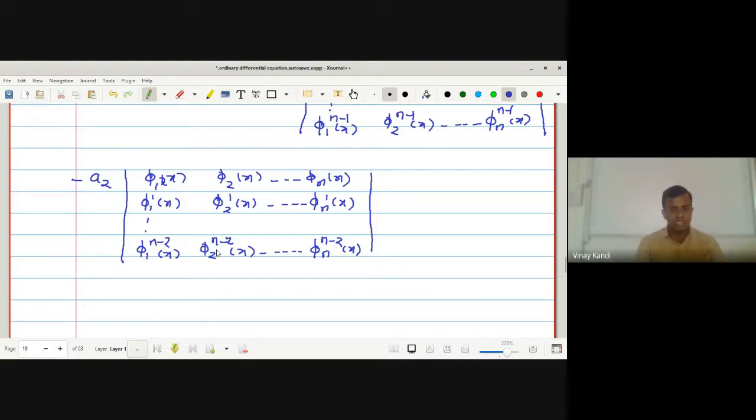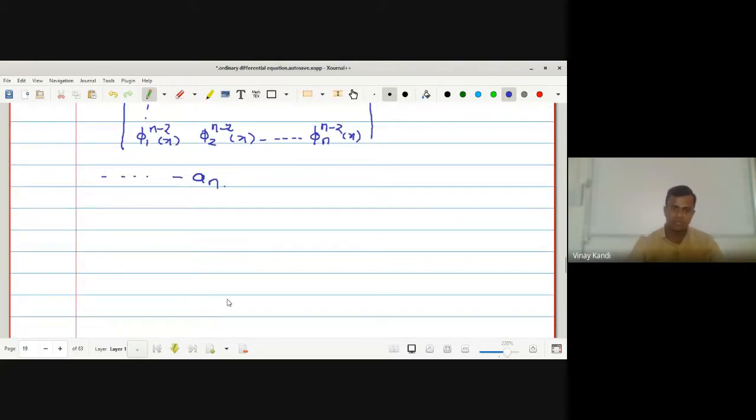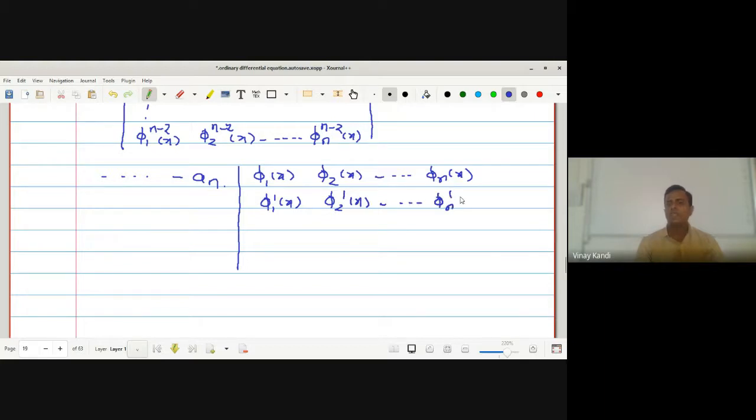Okay, so in this determinant we get two rows identical. It will not come in this one, it will come only in this one, up to so on. Okay, now put i is equal to n, here we get a_n, and the last determinant: phi 1 of x, phi 2 of x up to so on phi n of x, phi 1 dash of x, phi 2 dash of x up to so on phi n dash of x, and the last row is phi 1.